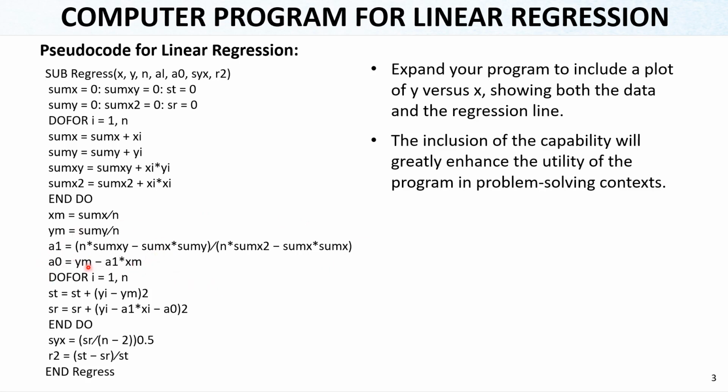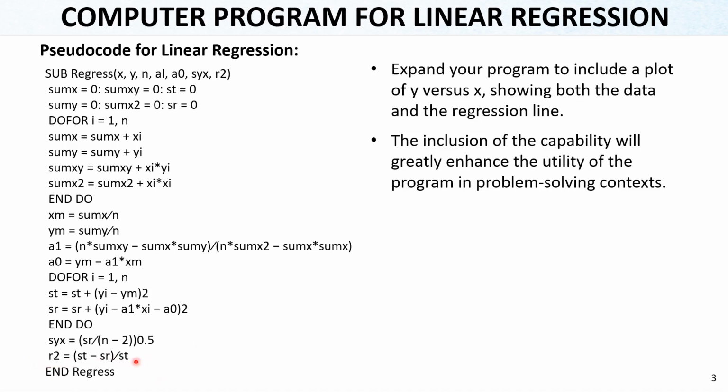So we basically have all of these. Then after this, we calculate St and Sr, which are used for the R-square, using these lines. Once we are done with this, we calculate Sy/x, and then we get the R-square value.